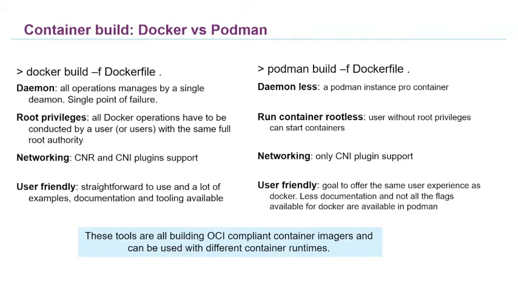If you want to instantiate, it starts a function and stops it when it's finished. That's number one. Number two is Docker needs root privileges. All Docker operations have to be conducted by a user with root authority, and typically you automatically get root access. Well, with Podman you can run rootless containers, so you can start containers as a normal user. You do not need to have root access.